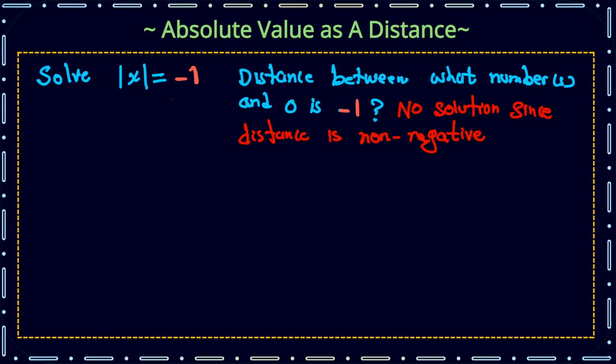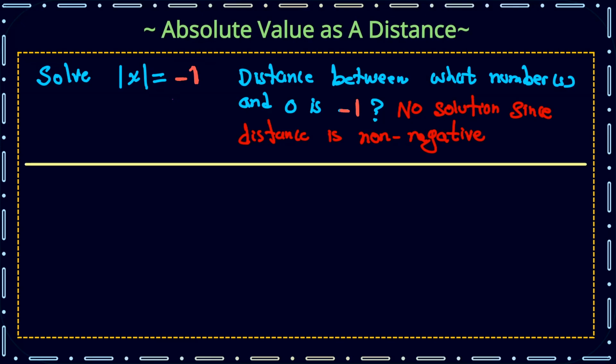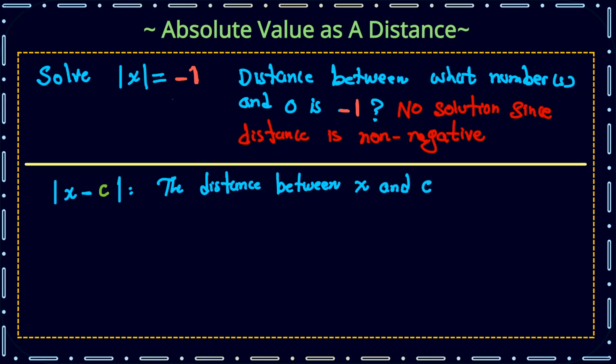Now, let's look at another definition, and that would be absolute value of x minus c. This is interpreted as the distance between x and c.